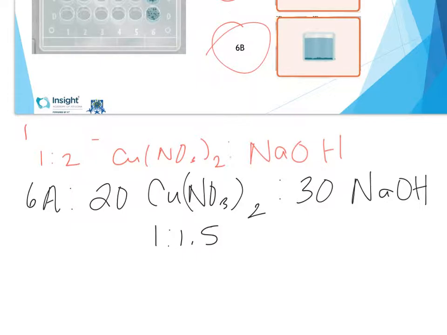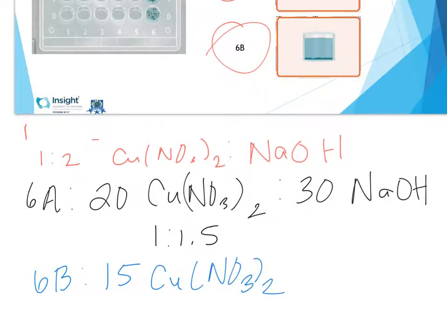Now if I do the same thing with 6B, I have 15 drops of copper nitrate to 35 drops of sodium hydroxide.